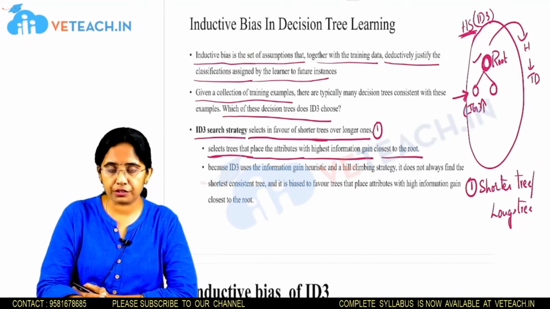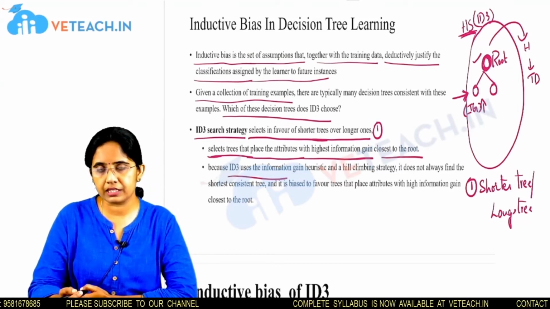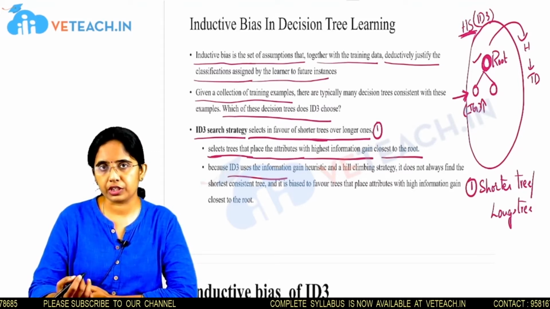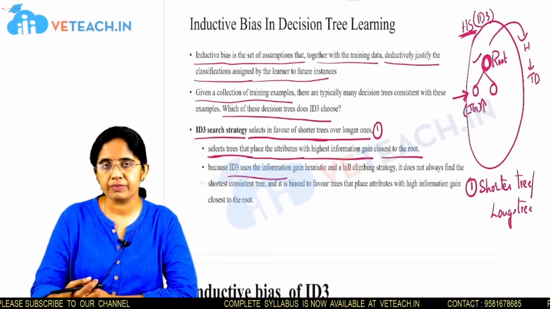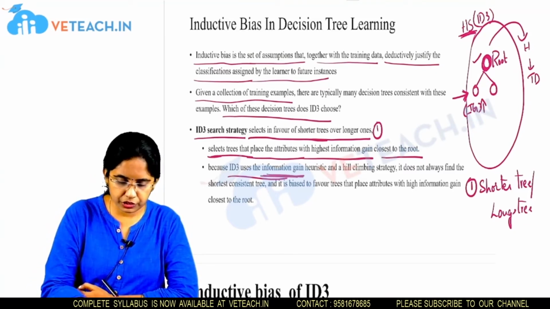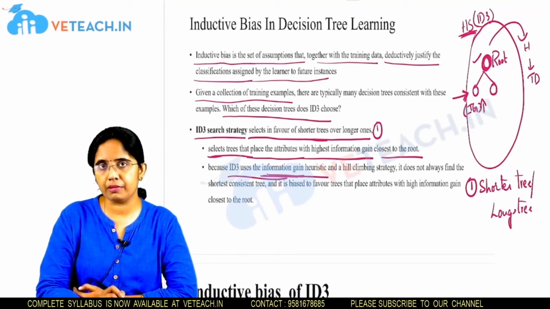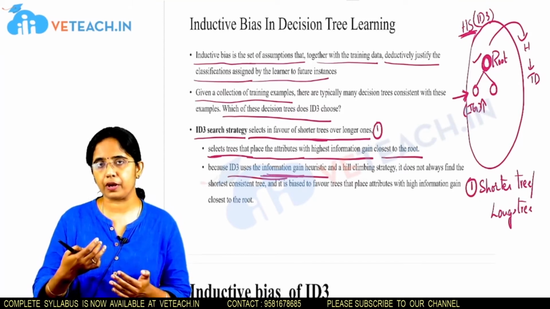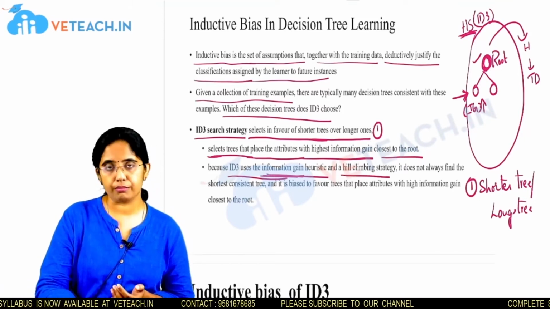Why do we need to do this? Because of the heuristic method that ID3 uses to generate a decision tree. We have many statistical measures, but we use a measure called the information gain heuristic. By considering this information gain metric, we start constructing a decision tree using a hill climbing strategy.